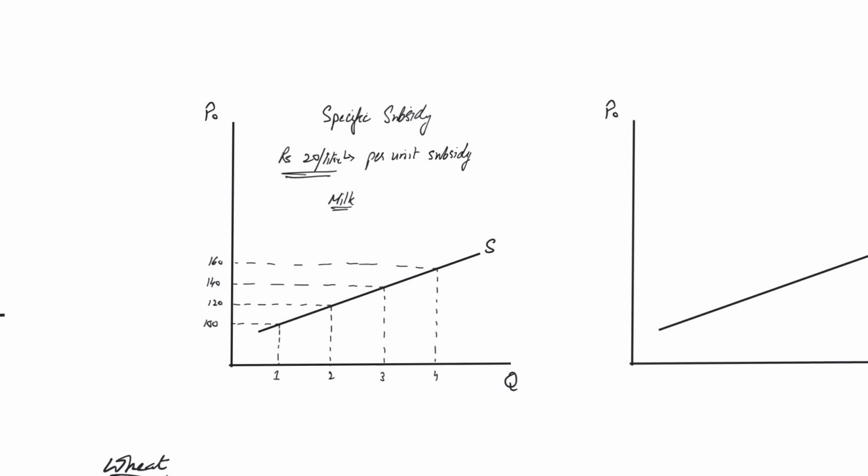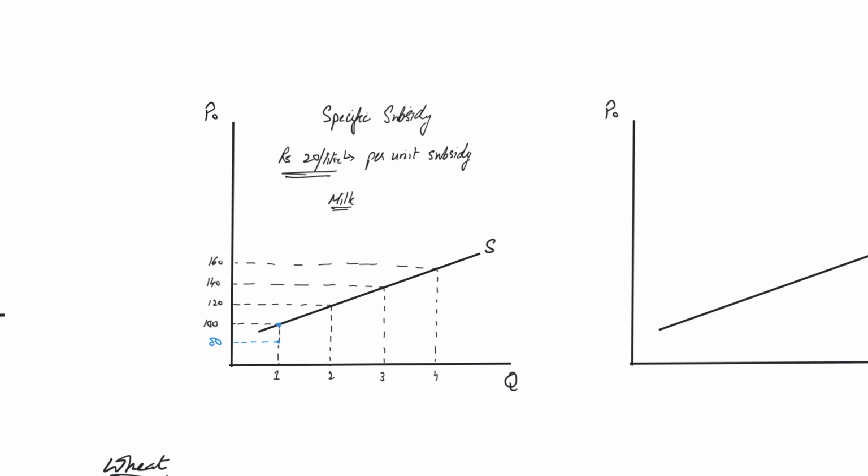Now from the farmer's perspective, he's thinking, 1 liter was costing me, with my profit, about 100 rupees. Now the government is giving me 20 rupees, so I am now capable of selling this 1 liter for 80 rupees.